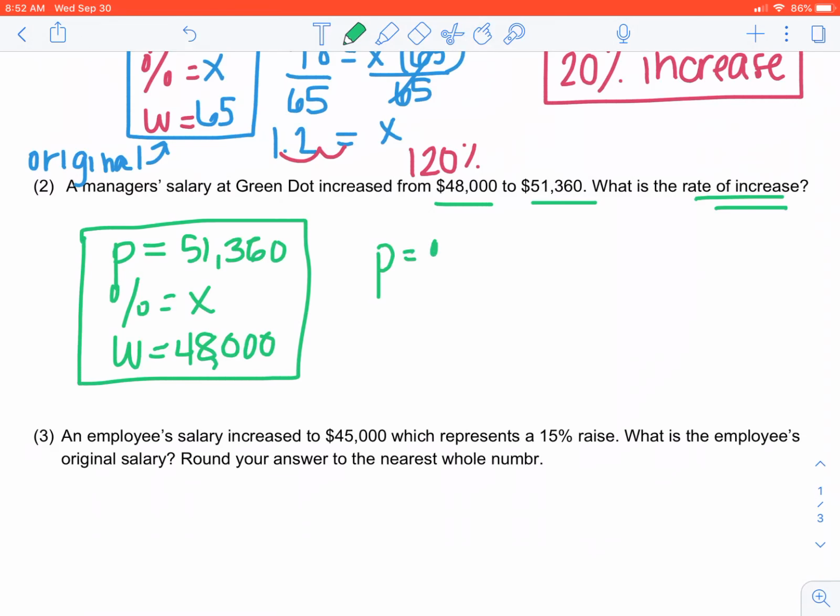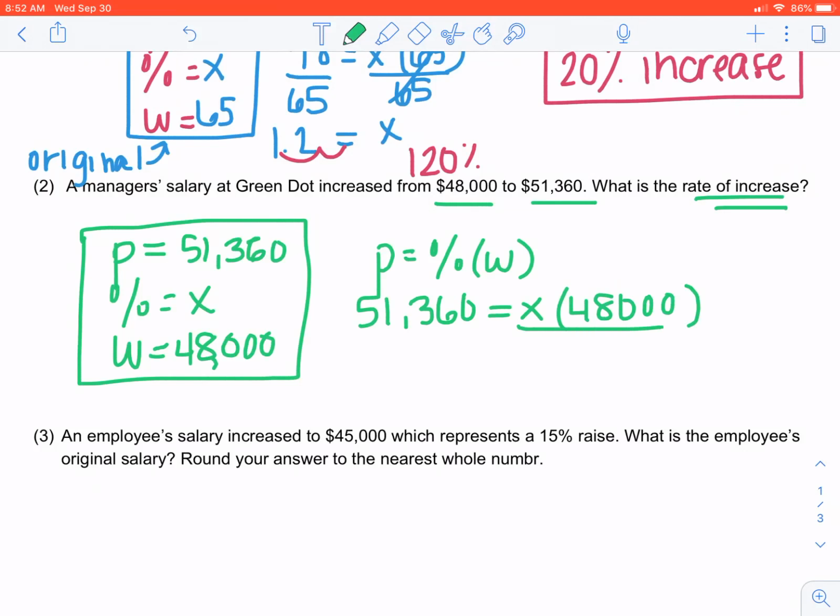All right, so we're going to start with part, percent, and whole. So our part was $51,360. Then we have x for the percent. Whole is 48,000. Now I'm going to solve for x by dividing both sides by 48,000. So I'm going to take 51,360 in the calculator and divide it by 48,000.